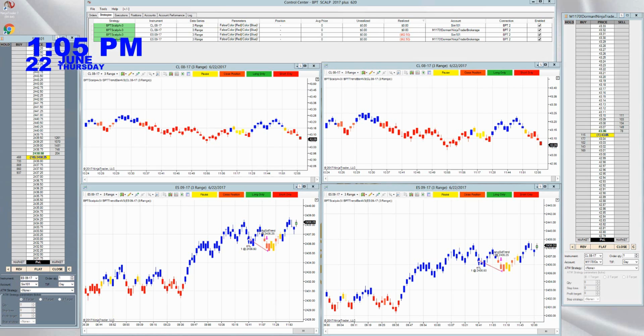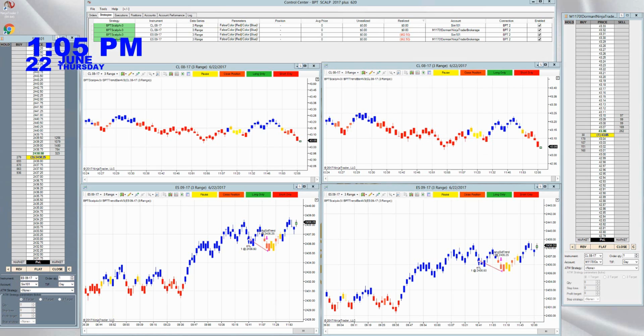If we notice, we took the first trade on the ES, and because it's a slower market, the entry and the exit between the SIM account and the live account are down to the tick.